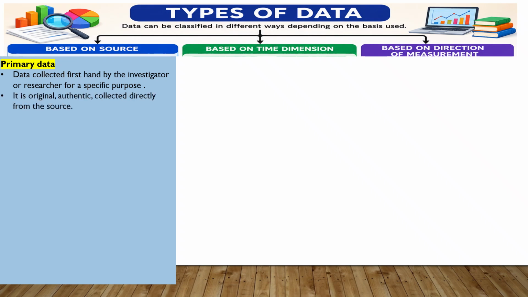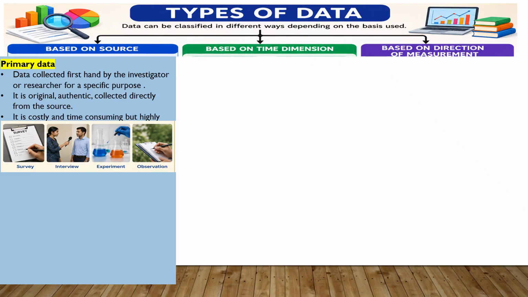It is original, authentic, and collected directly from the source. It is costly and time-consuming, but highly reliable. Few examples are conducting a survey, interviewing people, performing an experiment, making direct observations.